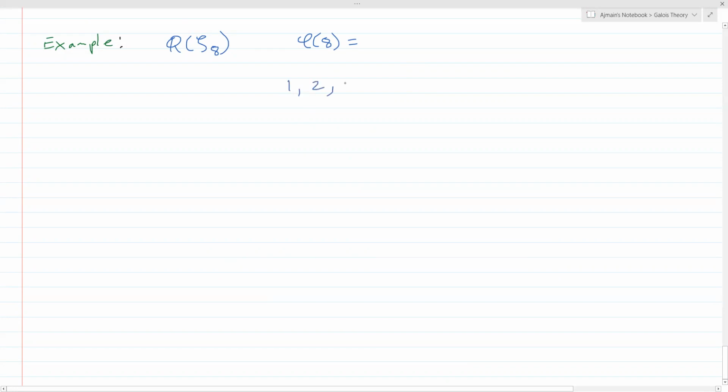So we have 1, 2, 3, 4, 5, 6, 7, and 8. This is not relatively prime. This is not relatively prime. This is not. This is not. This is. So is that 3? No, it should be 4.